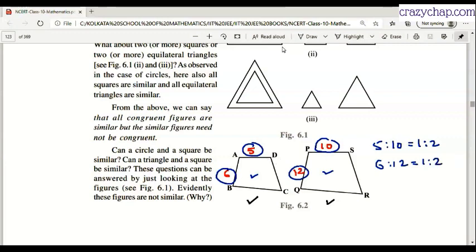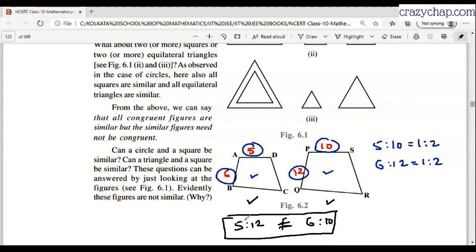Let me give you an important point. If you compare 5 ratio 12 and you compare 6 ratio 10, then they are not equal, correct? It does not mean they are not similar. So to check the similarity, you have to check all possible combinations of sides.